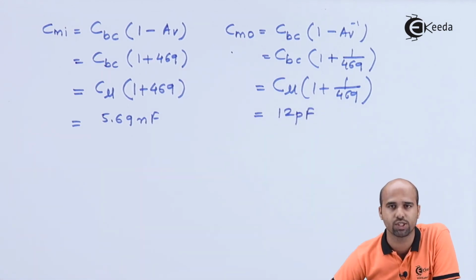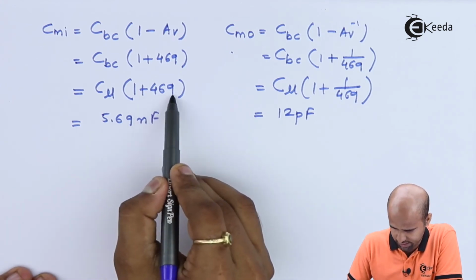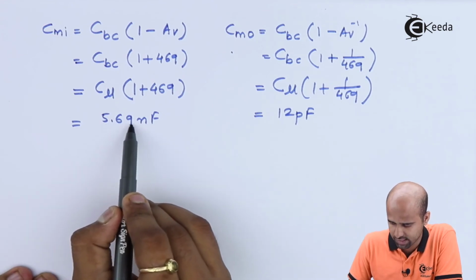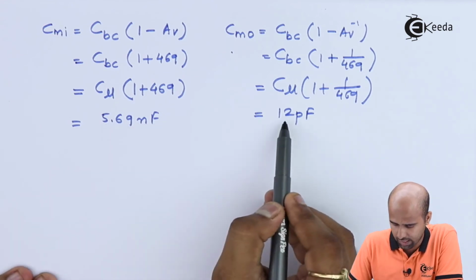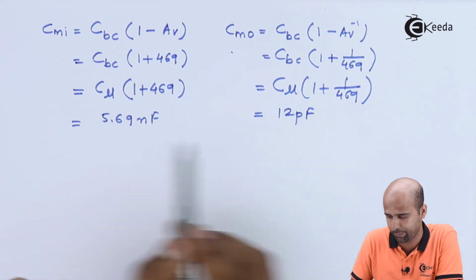C mu value is 12 picofarad, and we are taking 469 plus 1 multiplied by C mu, that comes out to be 5.69 nanofarad, and here we are getting 12 picofarad itself directly.